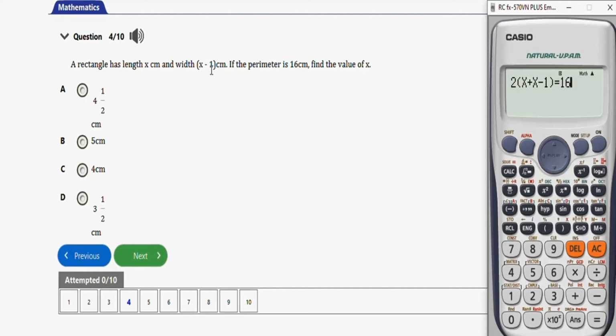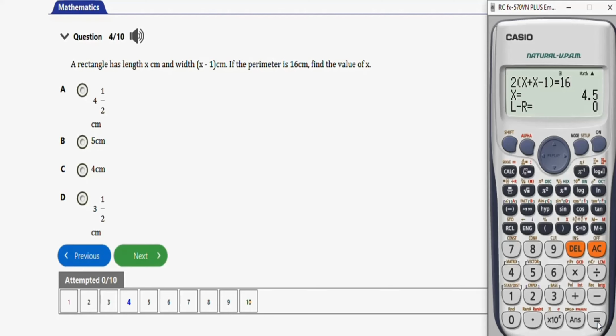So this is the formula for calculating the perimeter of a rectangle: 2 times in bracket length plus width or breadth. To solve, press shift calc, assign s to be 0, press equal to.